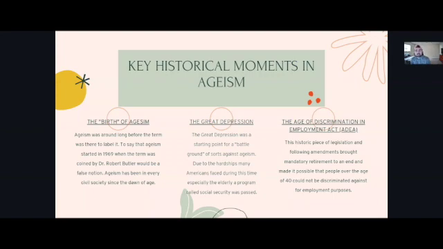However, what is ageism? That is any discrimination toward individuals who are older. Typically, it's looked at as older than the age of 40.